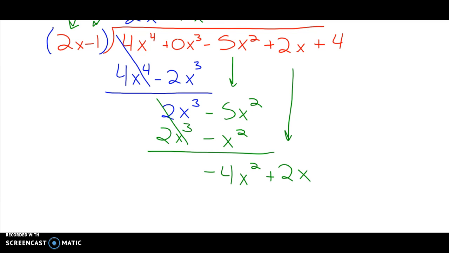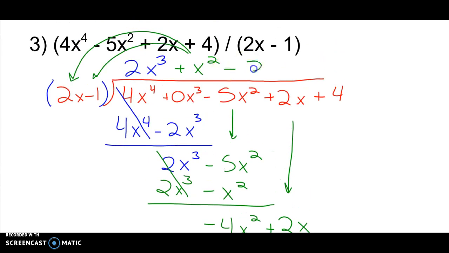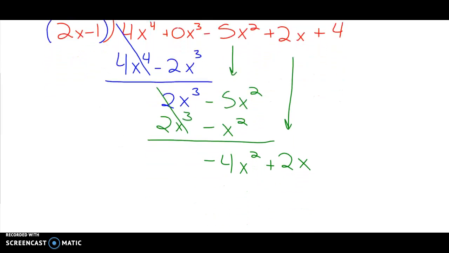What do I need to multiply 2x by to get negative 4x squared? Negative 2, and we need one more x. So minus 2x up top. And then negative 2x gets distributed through 2x minus 1. So negative 2x times 2x is negative 4x squared.